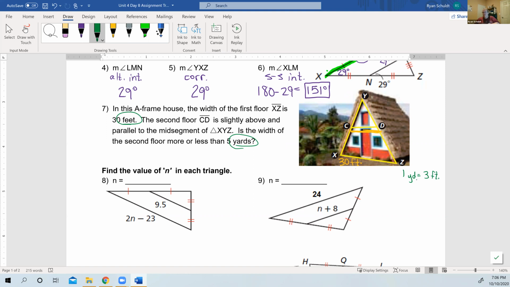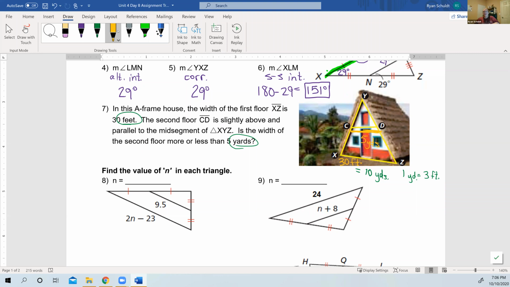So this 30 feet is actually equal to 10 yards. Our mid-segment would be 5 yards.